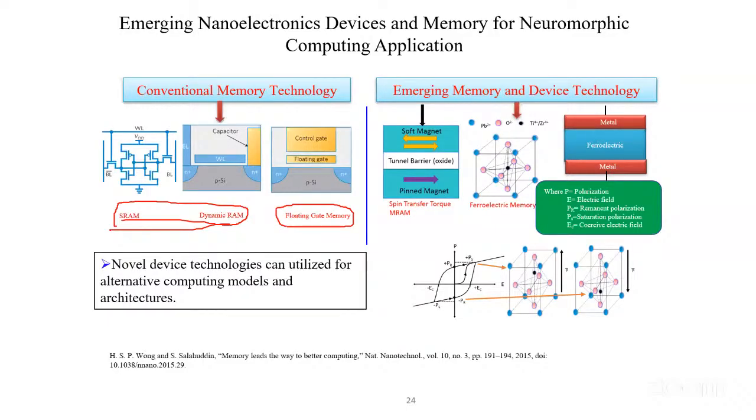So we can go for some of these, like ferroelectric memory and spin transfer torque memory. One of the important ones is the ferroelectric memory, and this can also be used in a synapse because it has a memory behavior. If you apply an electric field, you will find that the polarization of this ferroelectric material changes.